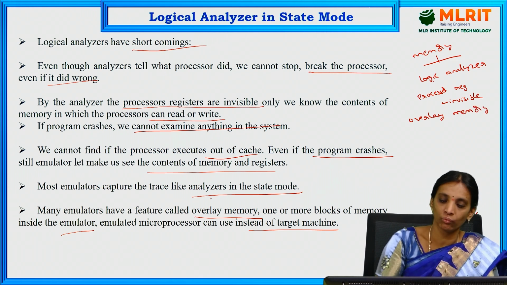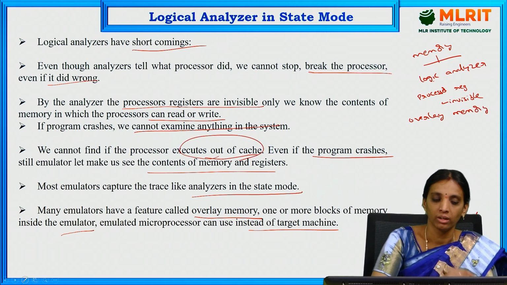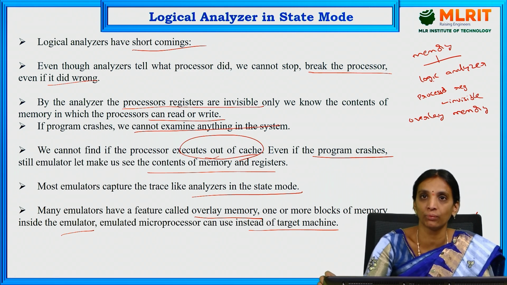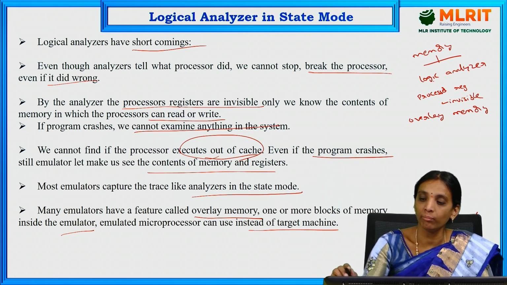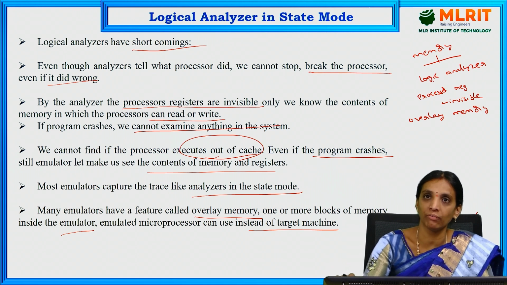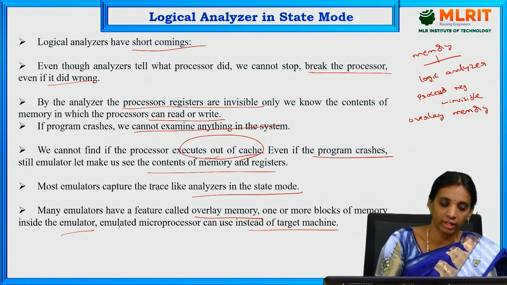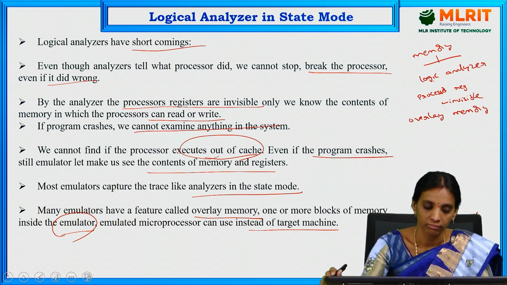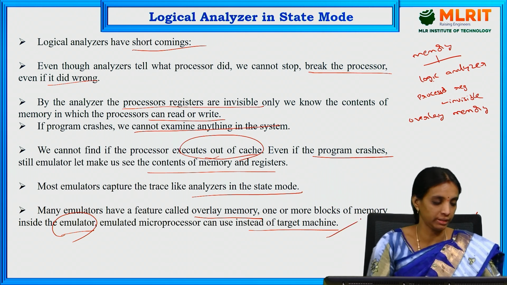We have already discussed that if the processor executes out of cache, that is, if the cache memory is full, it cannot stop the process and it can utilize the memory from the emulator. Some blocks of memory are kept inside the emulator, and whenever the processor cannot get its memory through the cache, the emulator's memory can be used instead of the target machine.